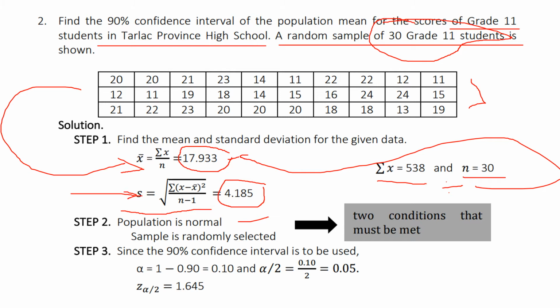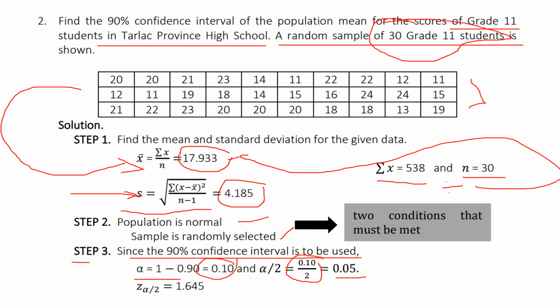So for step number 2, your population is normal, so there are two conditions that must be met: your population is normal and your sample is randomly selected. We need to satisfy these two conditions for this problem. For step number 3, since the 90% confidence interval is to be used, your alpha is equal to 0.10, and once we divide this alpha by 2, that will be 0.05.